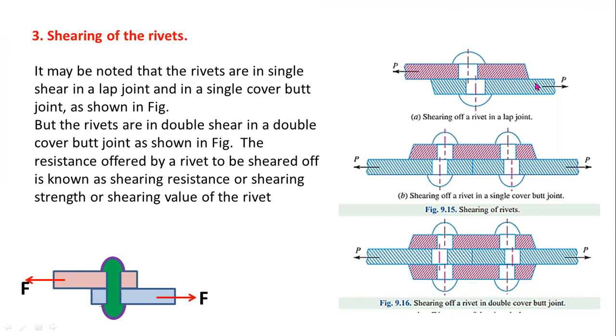Here this is a lap joint. This is a single strap butt joint. This is a double strap butt joint. These are the types of joints. In a lap joint and a single strap butt joint, you can observe single shear, so you have to consider single shear.